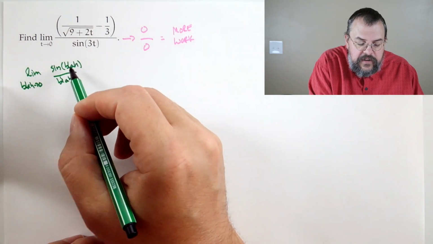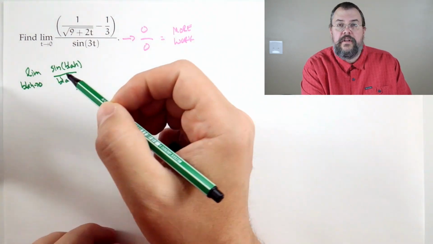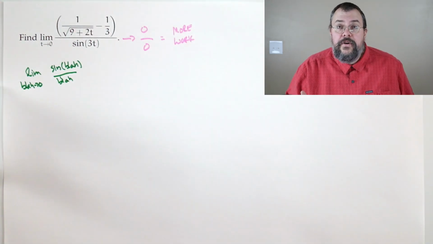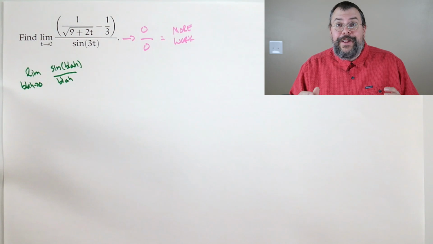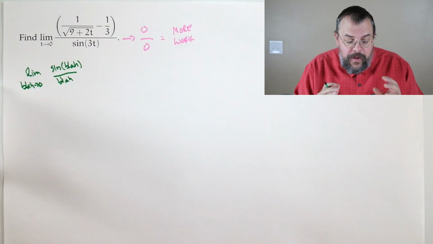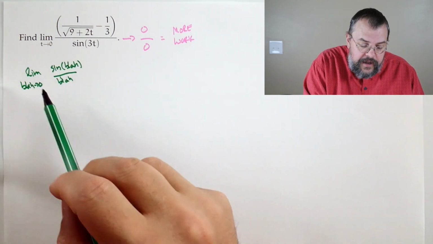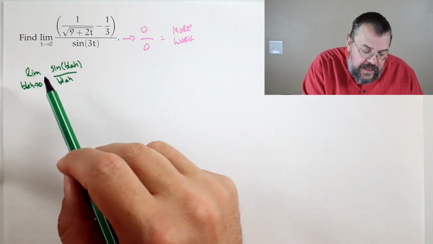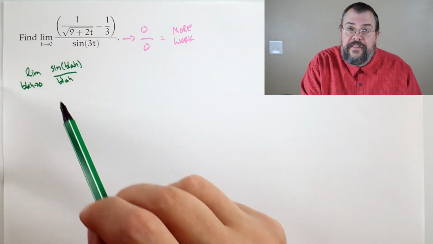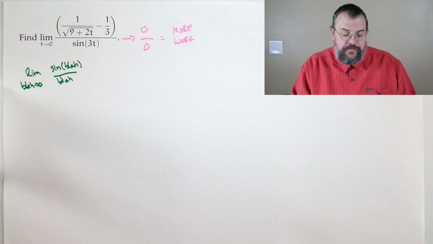I just need to make sure the insides match, in other words, what's inside the sine matches what's in the denominator. And if they do, and it's going to 0, life is good. Because we have that sine and some algebra floating around, we're going to try to get to something that looks like this, and hopefully that takes care of our 0 over 0 situation.